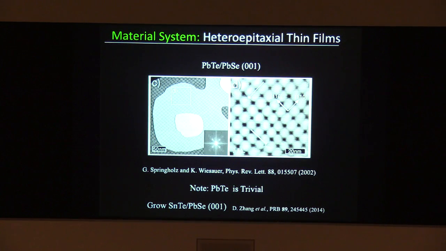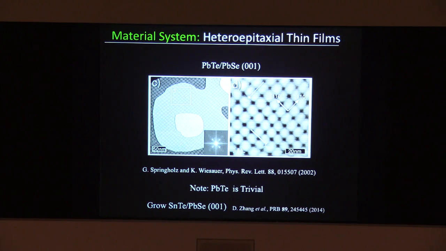All right, so what is the system that we'd like to study? What we're interested in doing is creating a spatially varying strain. And there's actually a beautiful system that does that. This is a thin film of lead telluride on lead selenide. They've shown that when you grow this, you get this checkerboard pattern, and this checkerboard pattern is naturally strained.